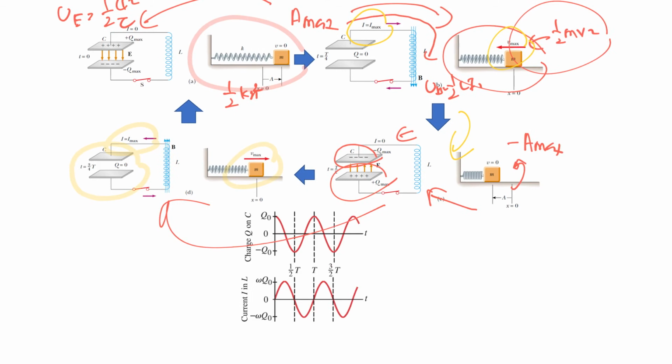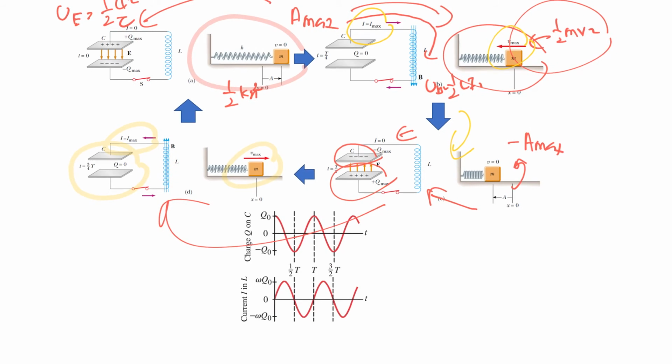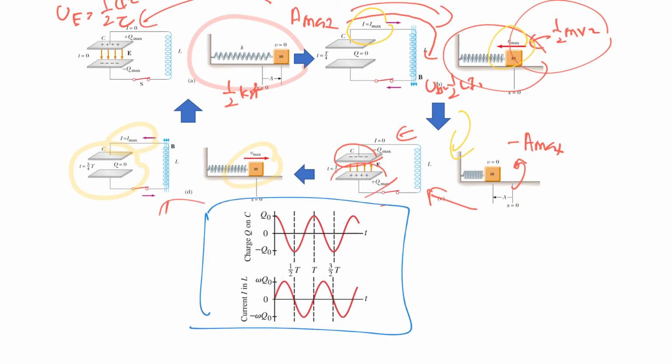Okay, so you can see that we are going to get this graph of the LC circuit, but I'm going to show you why there is an omega Q naught over there. So we are going to start deriving the formula.